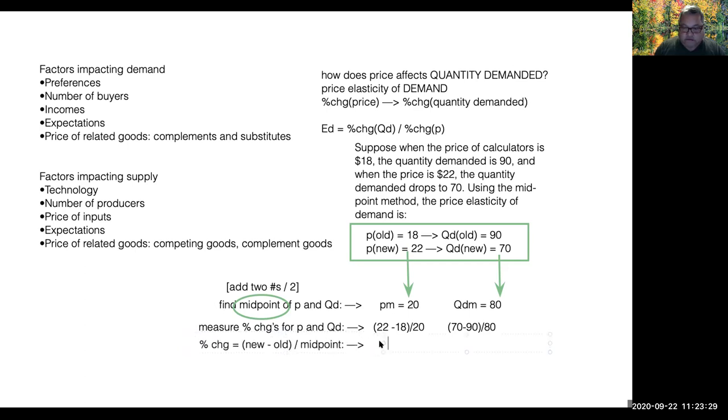So in this context, the first number is 4 out of 20, which is 1 out of 5, or 20%. And the second number is 20 out of 80, which is 1/4, which is 25%.